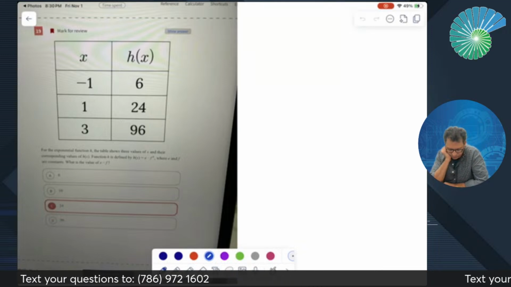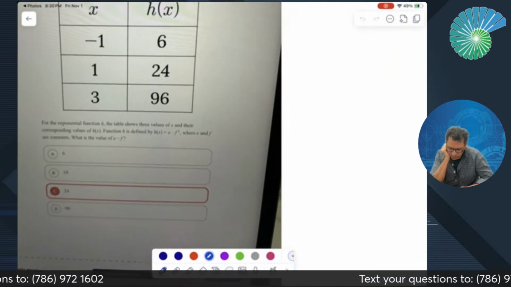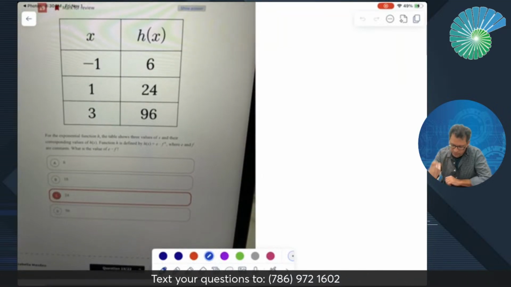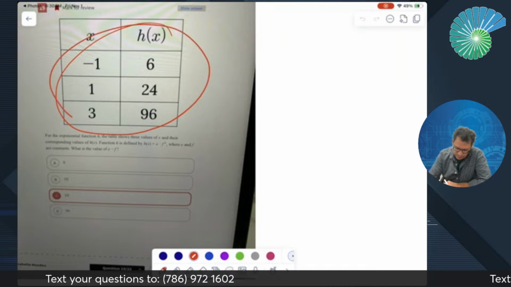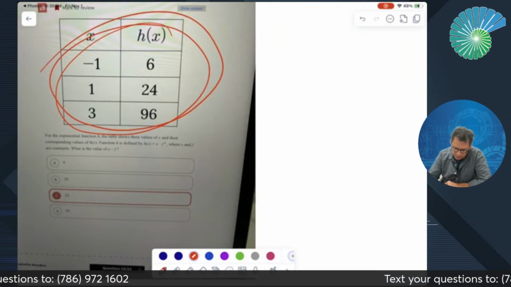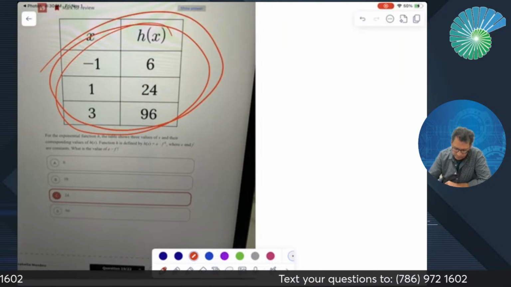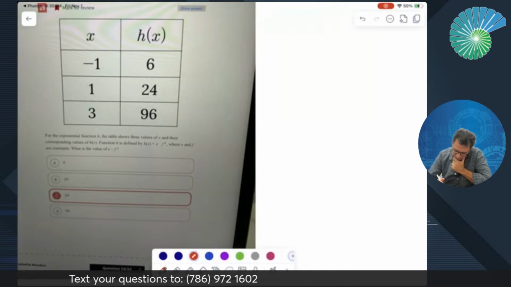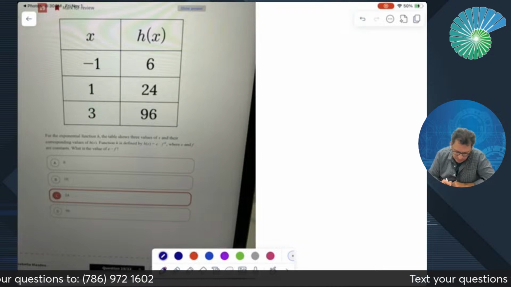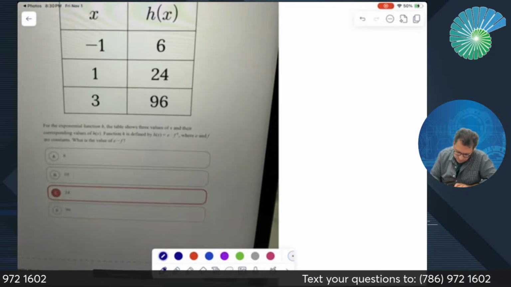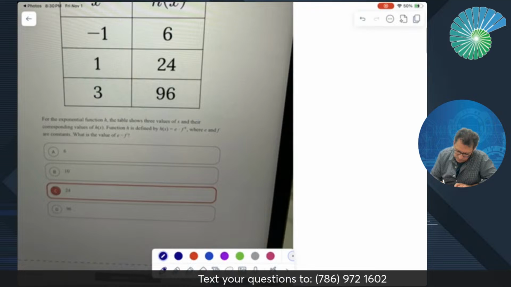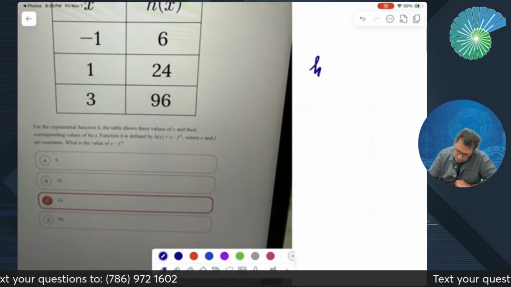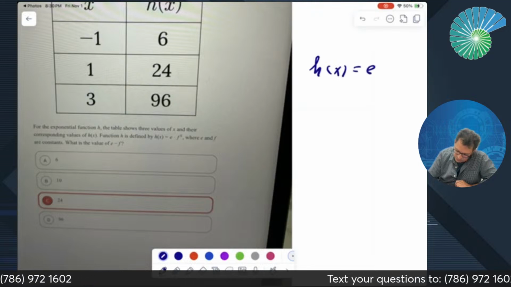Okay, the next one, I think this is the next one. Okay, so you have an exponential function. These numbers belong to an exponential function. They're telling me that. Let me be careful here. Okay, so they say that the function is defined like this.